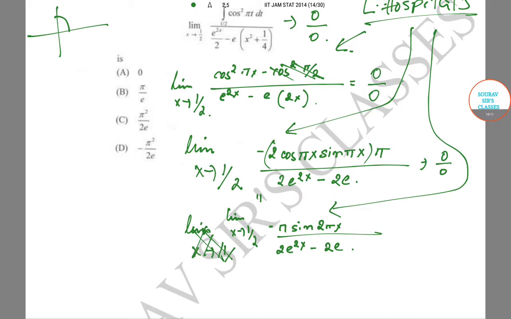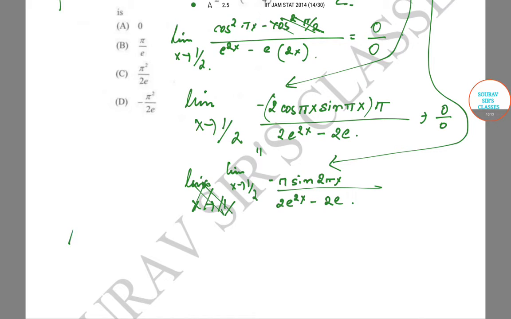So now applying L'Hospital's rule again, we get limit x goes to half, minus pi, rather the 2 comes out, cos 2 pi x. I'm sorry, this is minus 2 pi square because a 2 pi comes out and you have a minus pi here. Now here we have 4e to the power 2x.